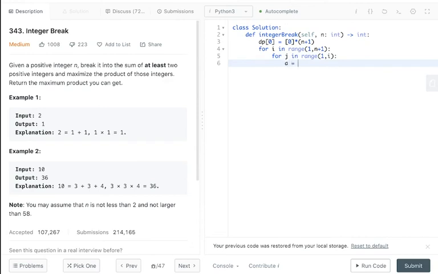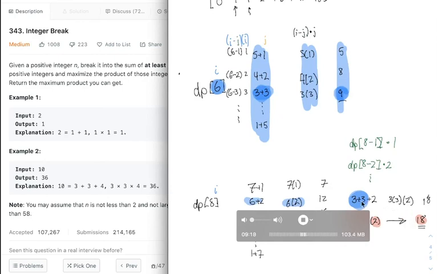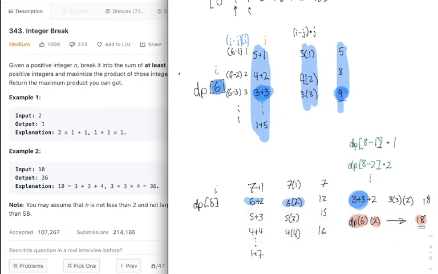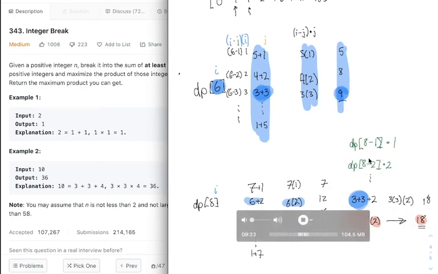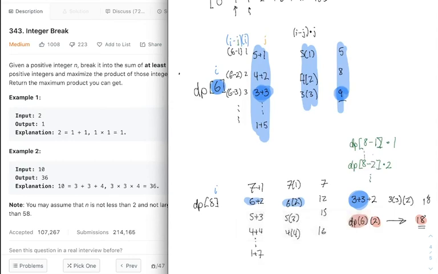Then let's go ahead and write our cases. We have A is equal to i minus j, case A, times j. We have case B, which is equal to, well, remember how we said the previous number, so i minus j, which is this case right here, where we have dp of 6, which is also written as 8 minus 2, where 8 is i and 2 is j.